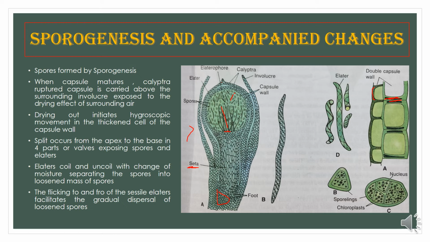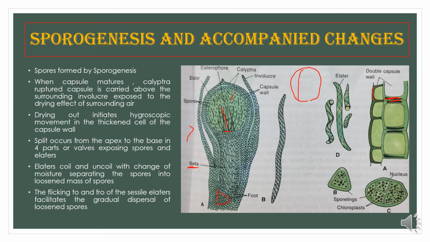So what happens is that as the capsule is subjected to arid, dry air, hygroscopic movement occurs inside the capsule wall, and the capsule wall dehisces.